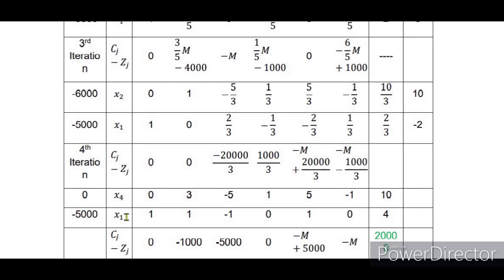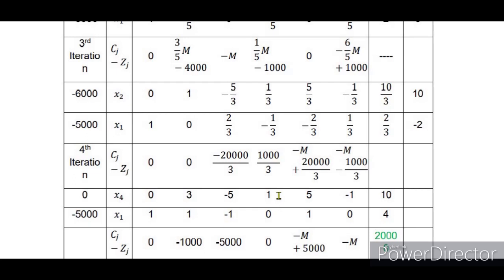So what number can we use to make the value of x sub 1, in the row of x sub 1 under the column of x sub 1, become 1, as well as the value in the row x sub 1 under the column x sub 4 become 0, to have an identity matrix? We should use negative 1/3.